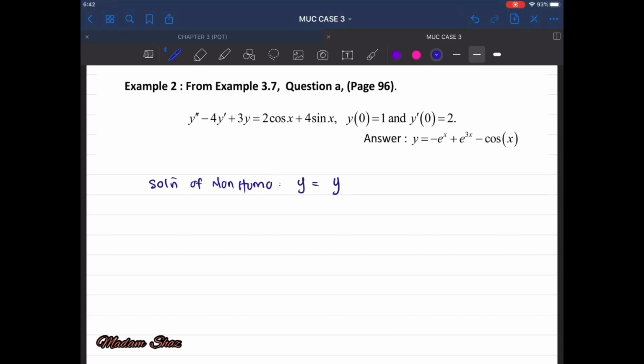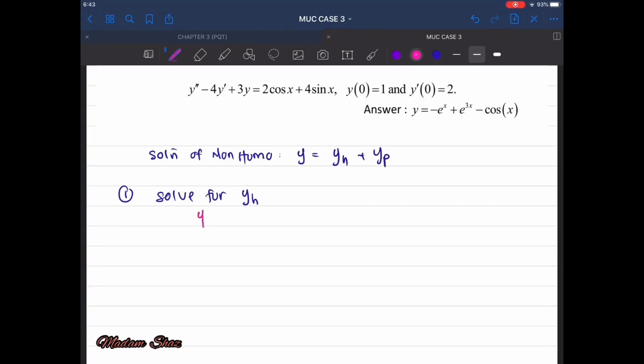So our solution for the non-homogeneous equation is y equal to yh plus yp. We start our solution by solving for yh, by solving the left hand side. So the first step, solve for yh: y double prime minus 4y prime plus 3y equal to 0.